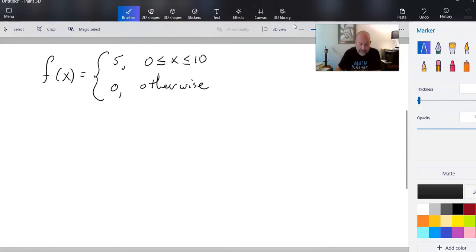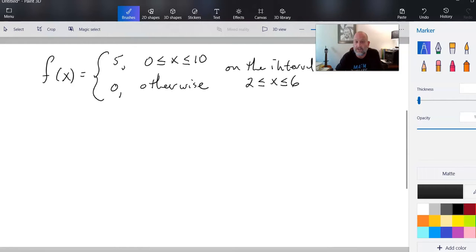So this is the function. We want to find the area under the curve on the interval from 2 to 6. So this is how your questions are formatted.